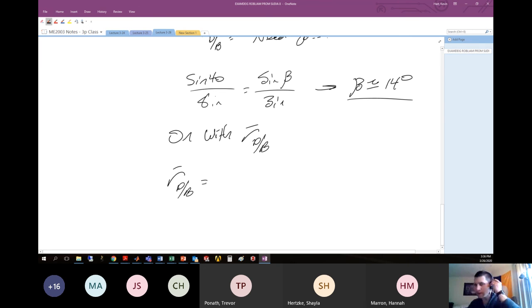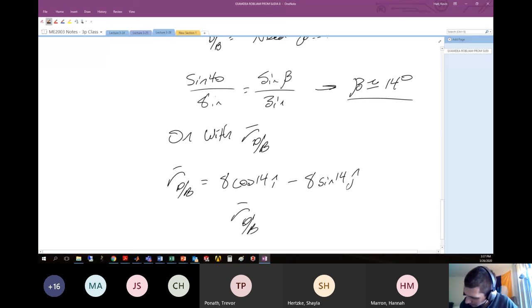Since we know that this angle beta is 14 degrees, we can use the length of this link and the angle beta to define things appropriately, arriving at D from B. So we need to move 8 times cosine 14 in the I hat, and we're going down in J, so this will be minus 8 times sine 14 J hat.